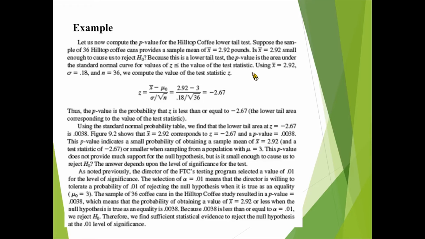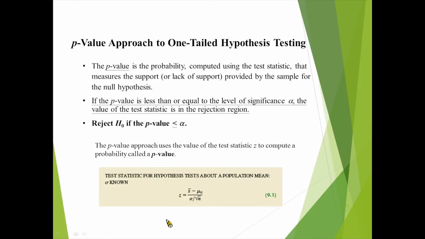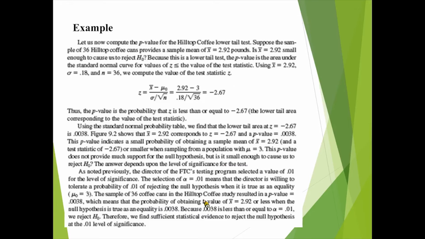On the next slide, d equals x-bar minus mu 0, divided by sigma over the square root of n, where n is the sample size. So we get negative 2.67.